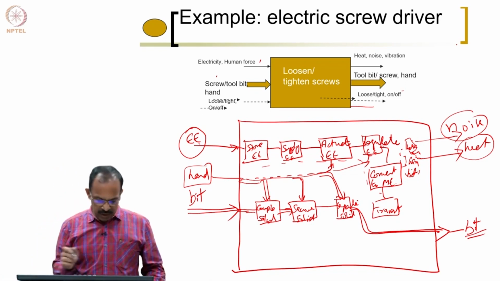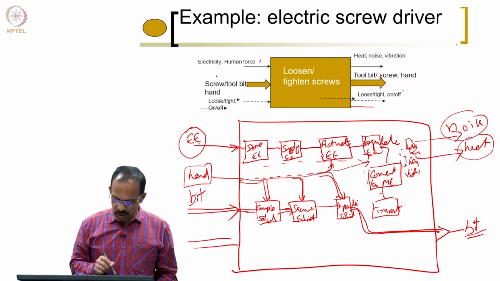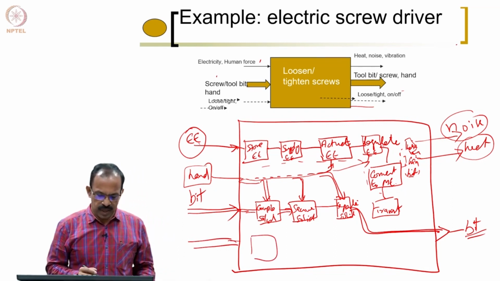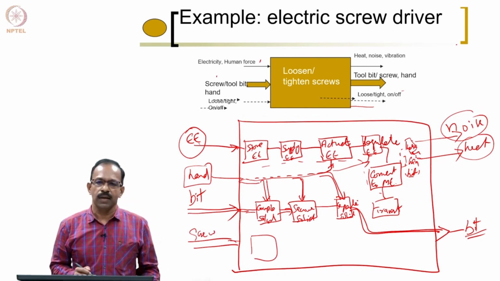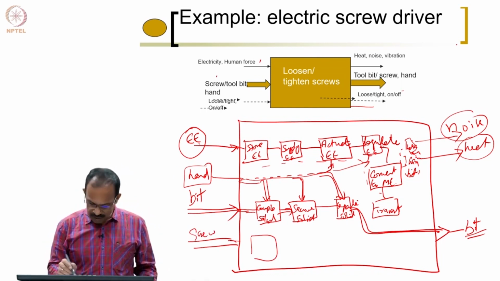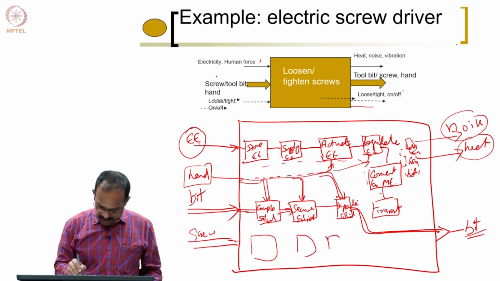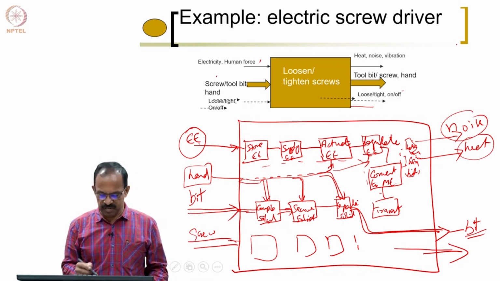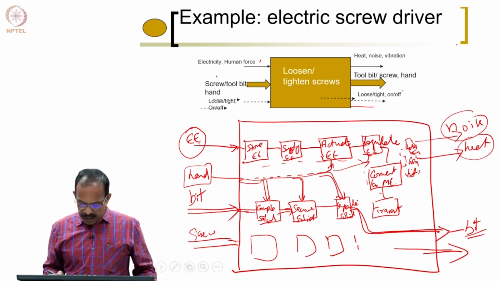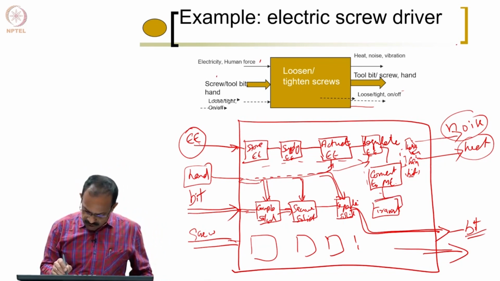This way you can look at each one of the inputs and see what is happening to this input. You can now look at the screw also. We will identify all those functions connected to this, and how the screw is coming out can also be identified, something similar to this. In between we have to see what actually happened to the transmit torque.